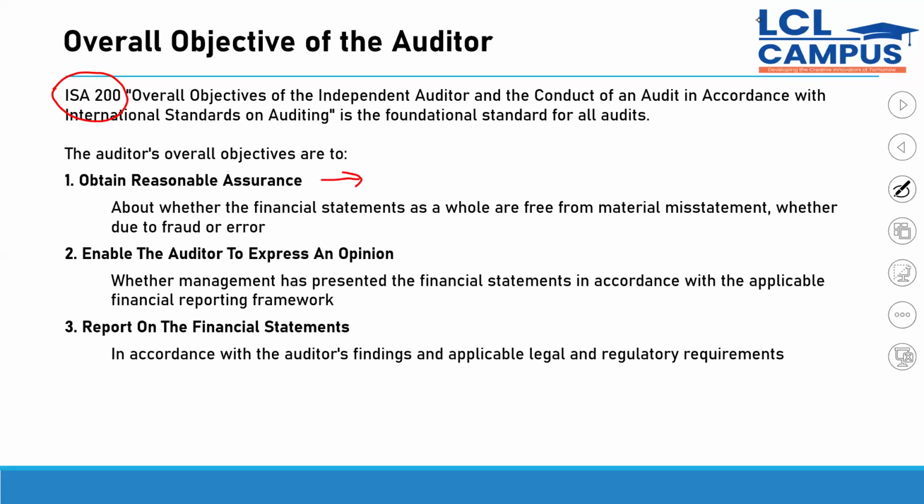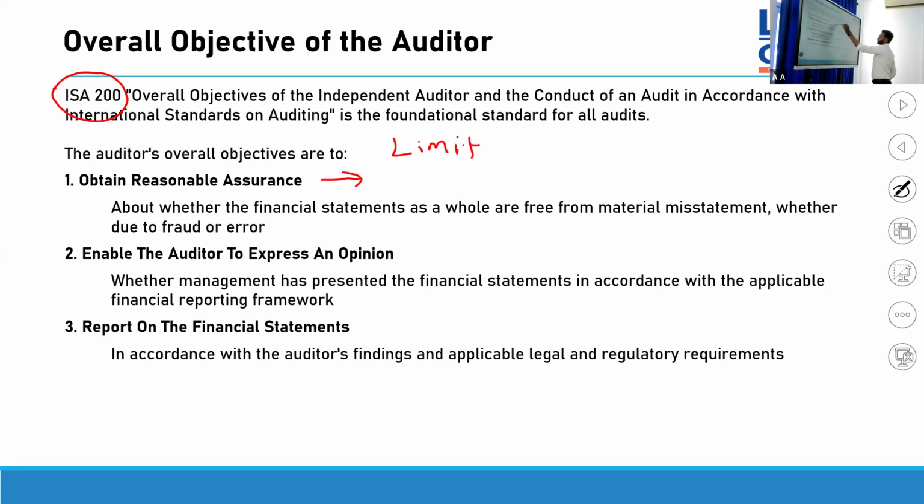No, no. In audit, there are two types of assurance. One is limited assurance, the other one is reasonable assurance. We can't provide absolute assurance in an assurance engagement. Is that clear, Manas?